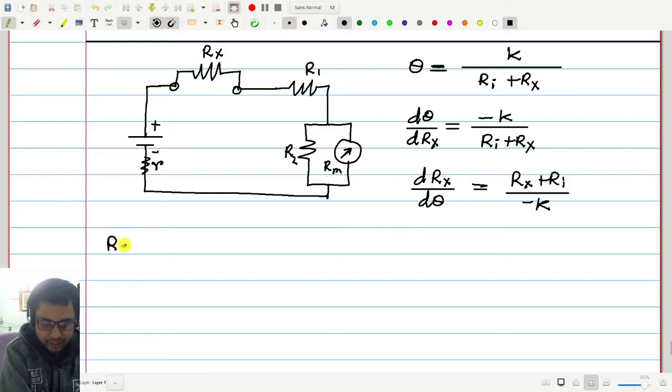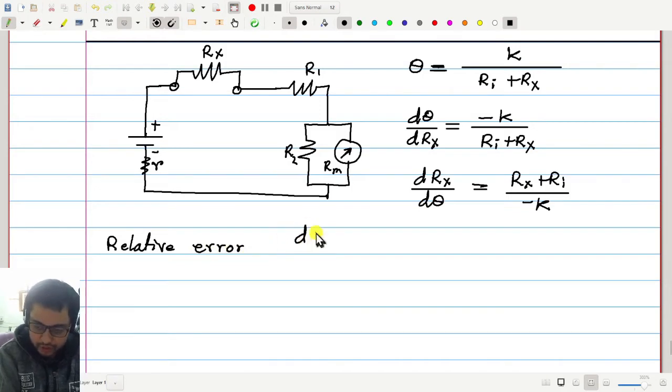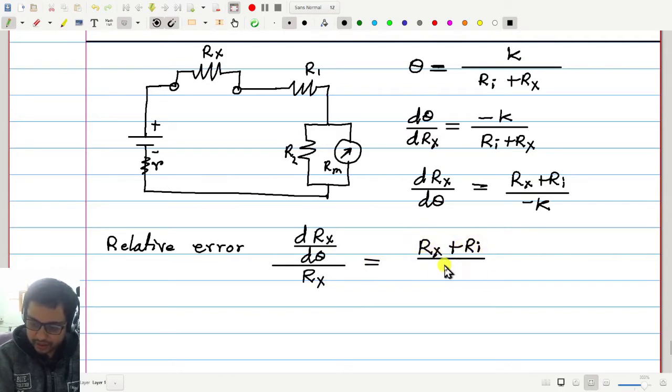Now relative error or percentage error, per unit error, that will be dRx by d theta divided by Rx. So this quantity gives the per unit error if you make 1 unit mistake in your deflection measurement. So that will be Rx plus Ri by Rx into k.